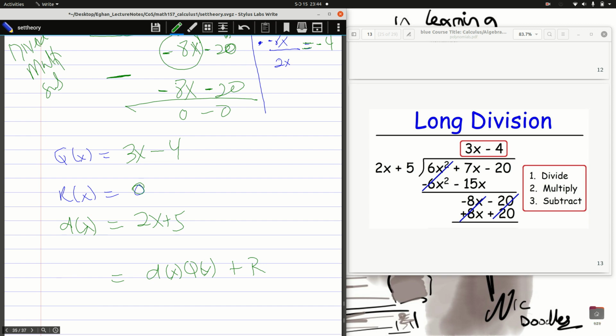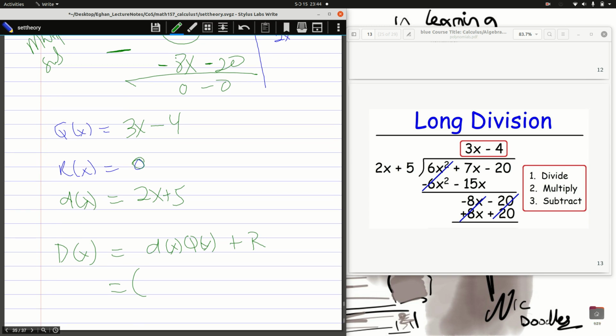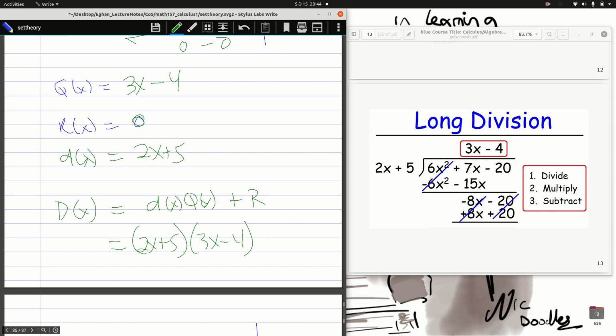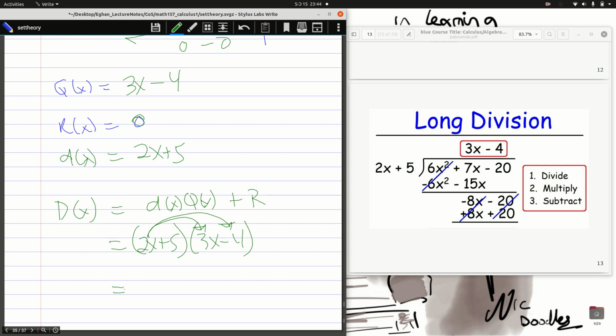So this numerator should be this. You can verify. This brings us back to multiplication of polynomials. So 2x plus 5 times 3x minus 4. Multiplication of polynomials: this takes that, this takes that. I think I'm going to get 6x squared minus 8x, and then the 5 takes the 3x, 5 takes 4.